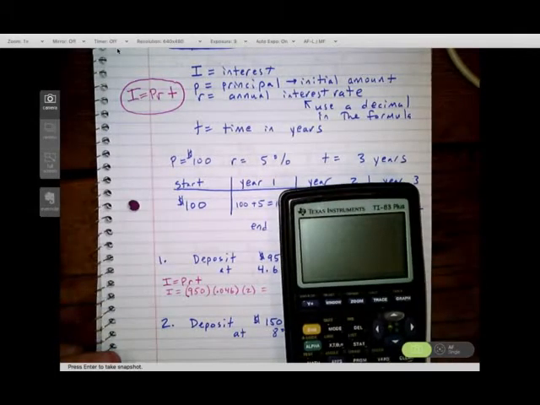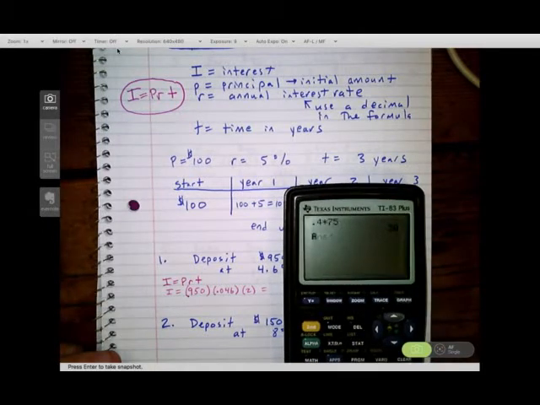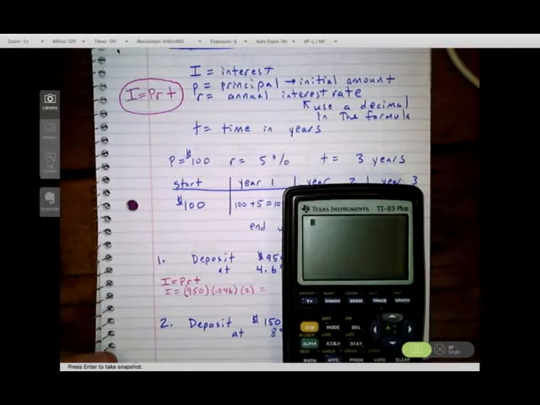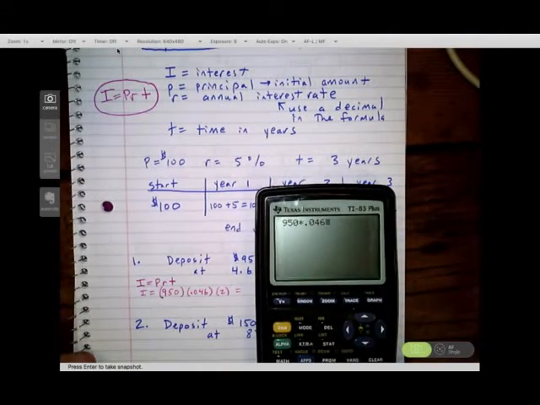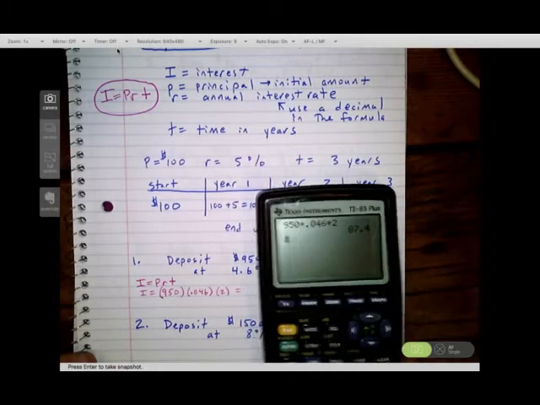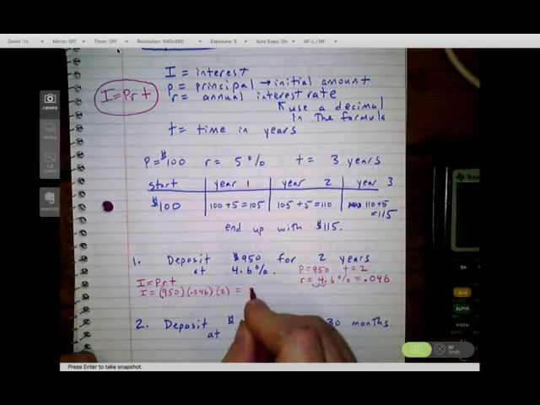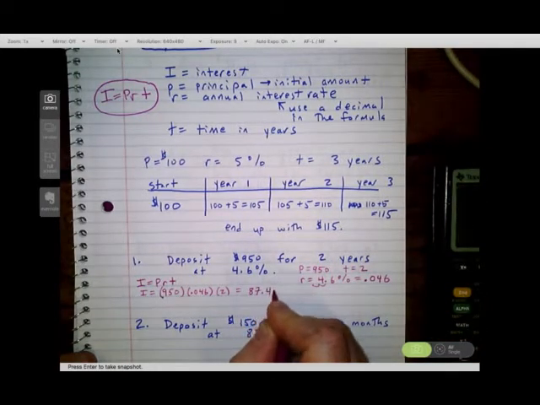Okay, hopefully you can see this okay. Oops, clear that out. So 950 times 0.046 times 2 is $87.40.